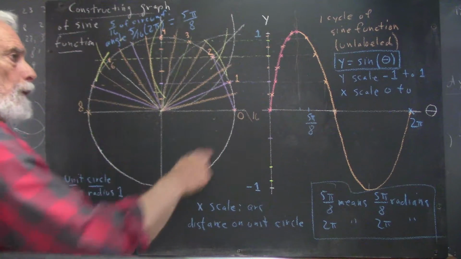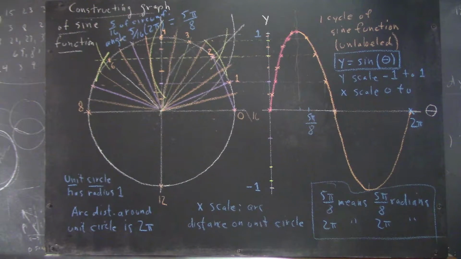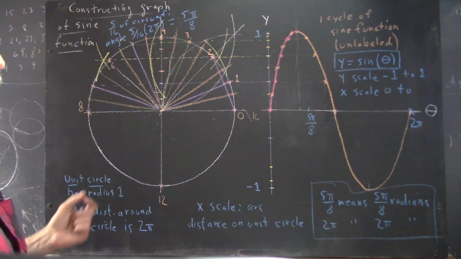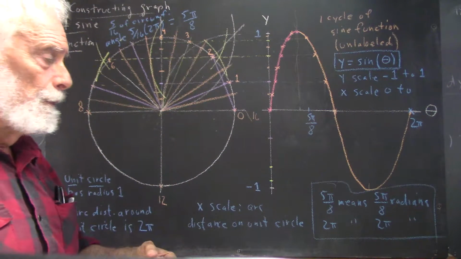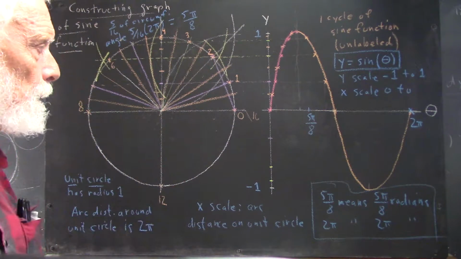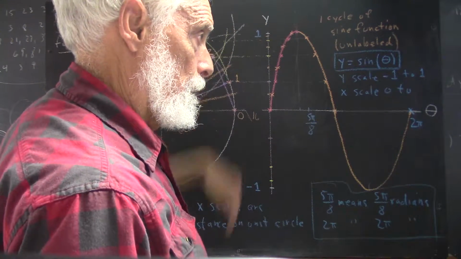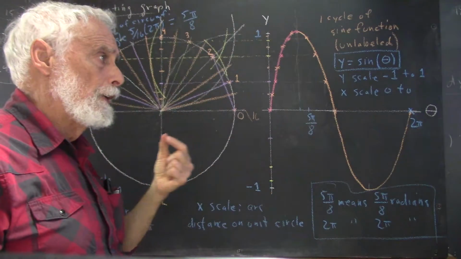First of all, it'd be a lot of drawing. Second, the picture would get really cluttered. But we can continue subdividing forever, indefinitely, which means we can get an indefinite number of points here. We can make the points as close together as we wish.